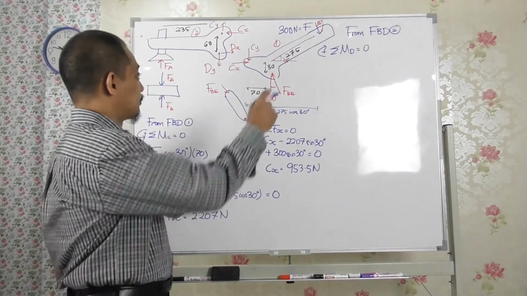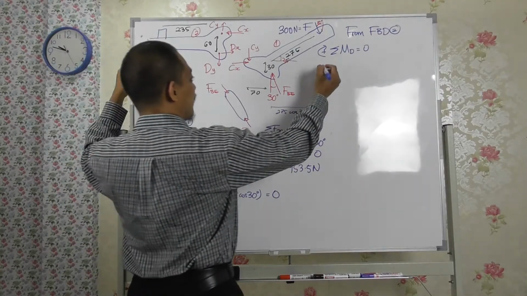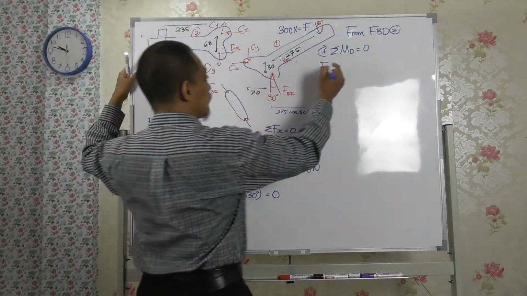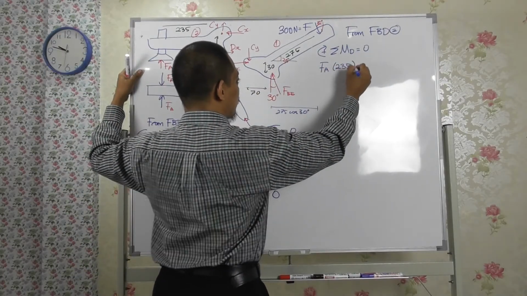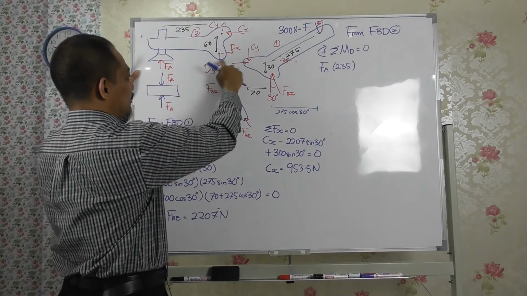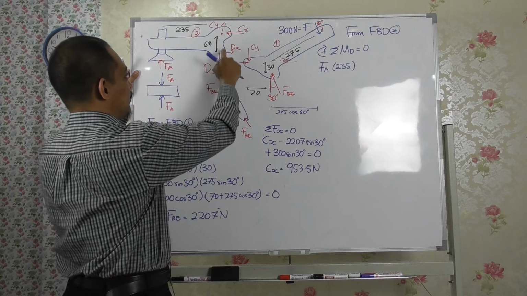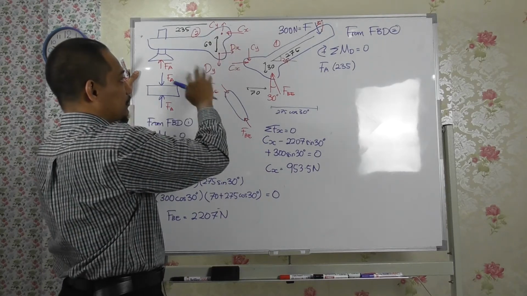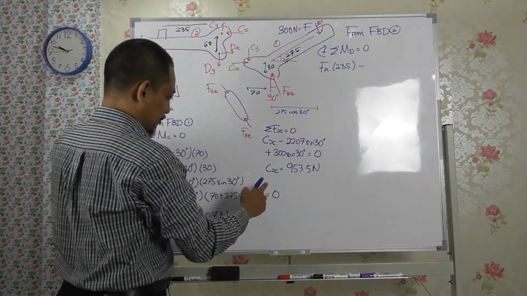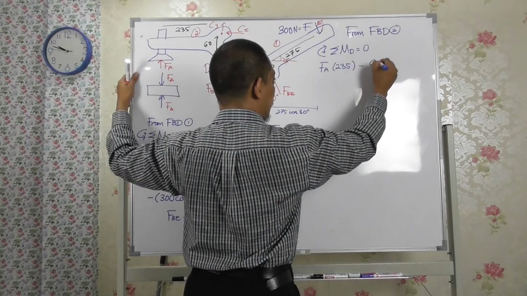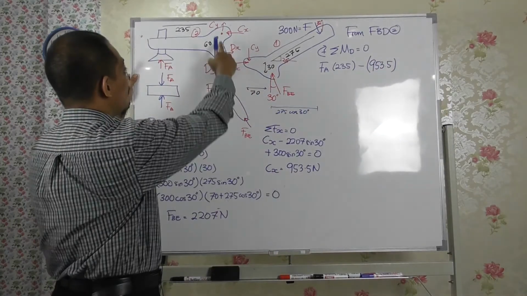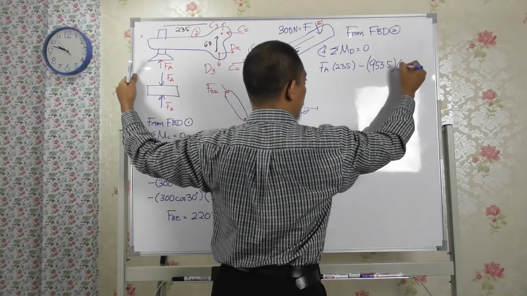Okay. So if I take clockwise, Fa is clockwise, so Fa times the distance of 235. About point D, the Dx and Dy of course have no moment, because they go through that point. Cy also goes through the point, so no moment. Cx is counterclockwise, so minus Cx, and Cx now is 953.5, times the distance of 60.